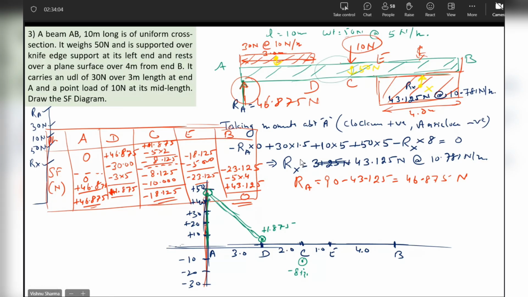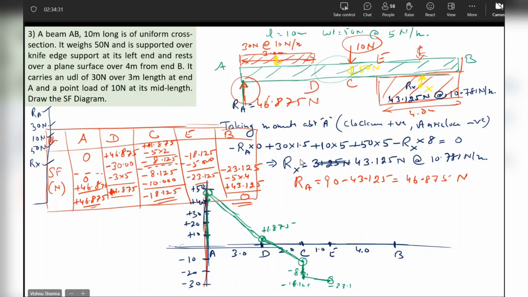It's uniform. So again, put the scale, join them. Then at C itself, it becomes minus 18. So it comes somewhere here like this, minus 18. From minus 18, it goes to minus 23 at E.